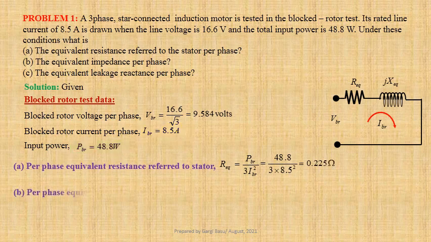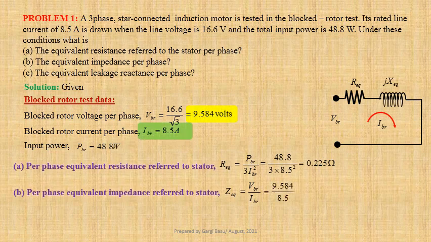Per phase equivalent impedance referred to stator ZEQ equals VBR divided by IBR. Using values we get 9.584 divided by 8.5, that gives us 1.1275 ohm.